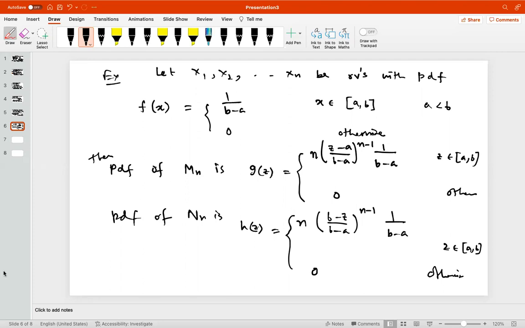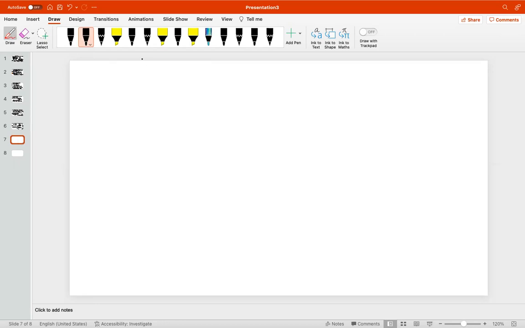And you can easily check one more thing, the joint density function, the joint PDF of that Mn and Nn. This is again two values. If x less than y, it will be 0.